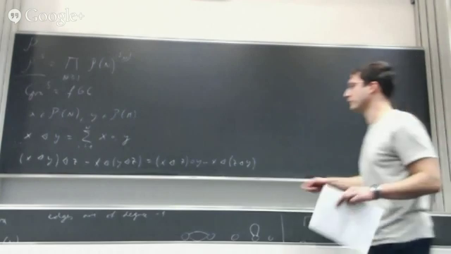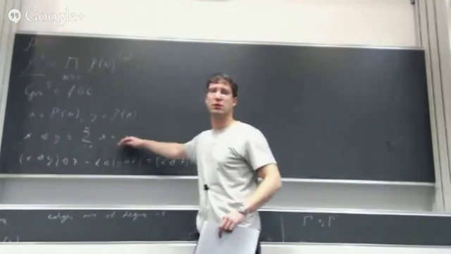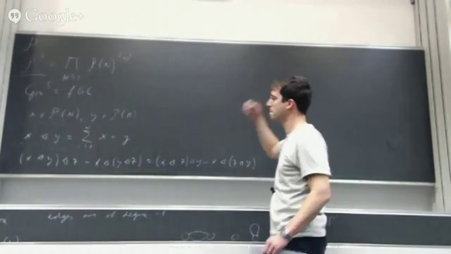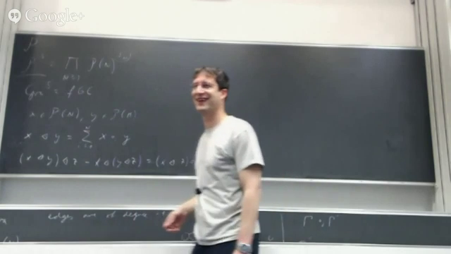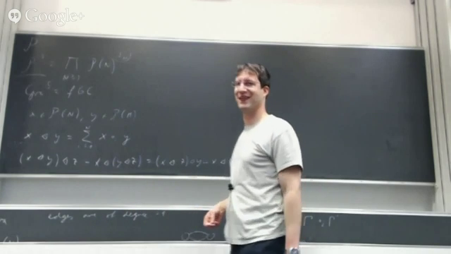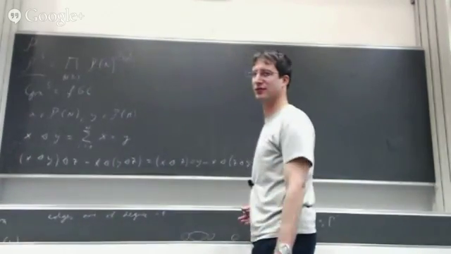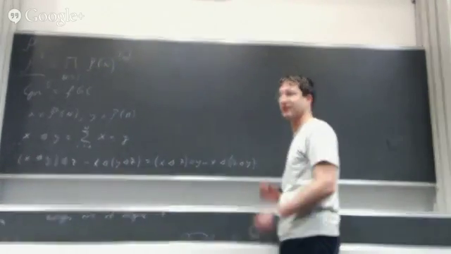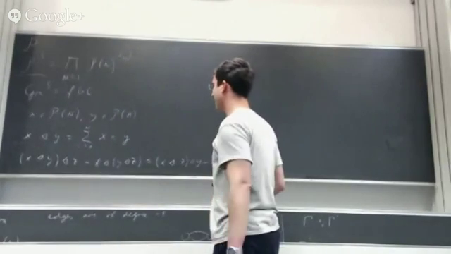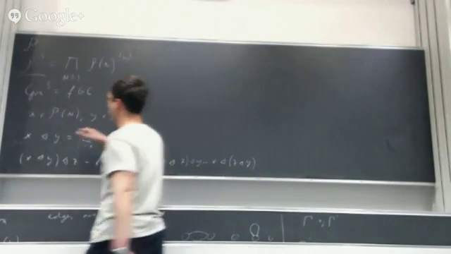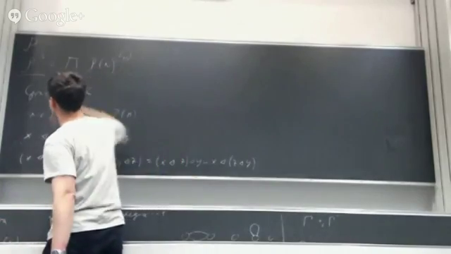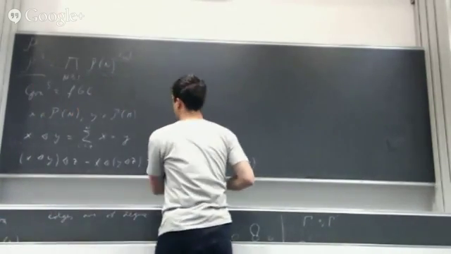Okay, do you believe me that this is a pre-Lie algebra? Okay, I can show this if you want. So this pre-Lie algebra structure I can also put on PS.